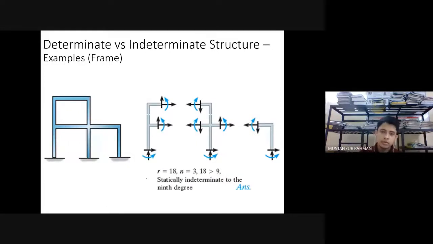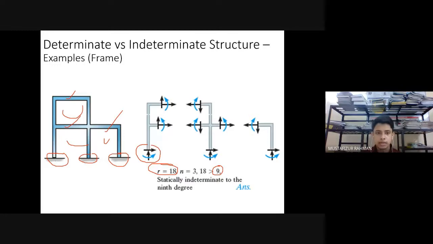Then again another frame. Here we can write 3, here we can write 3, here we can write 3. So we can write a total of 9 equations of static equilibrium. How many unknowns are here? We can calculate. There will be 18 unknown reactions: 3 here, 3 here, 3 here, and 9 in this loop.